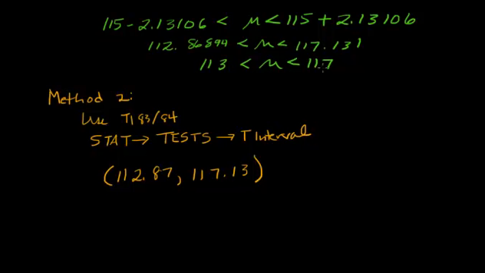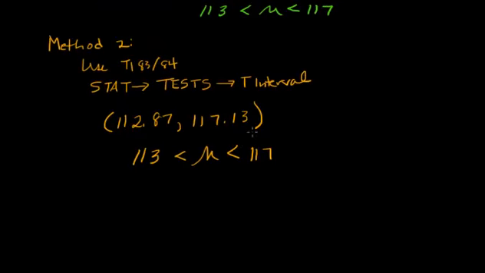Now writing it in this format and rounding, following the rounding rule where we round to the same number of decimal places as our sample mean, we get the same results. It doesn't matter which method you use, you still need to write your interpretation.